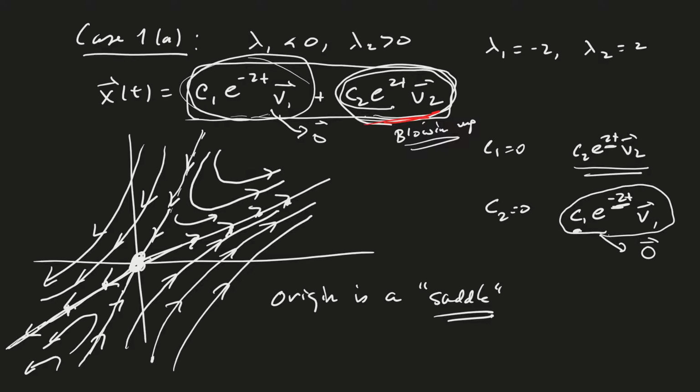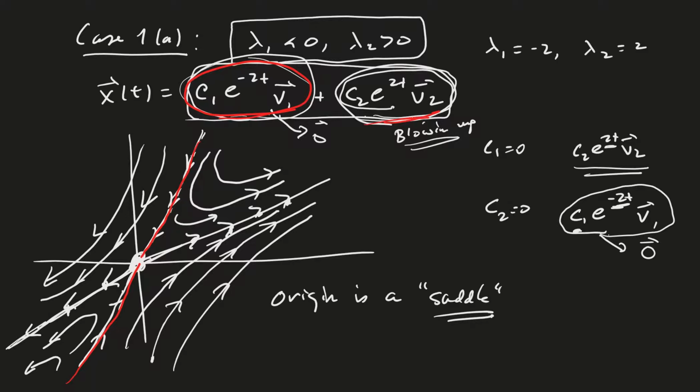And in the case of a saddle, well, number one is that you have eigenvalues that are different in sign, and all solutions go away except for one particular set of solutions, and that particular set of solutions is along the eigenvector that corresponds to this solution. Okay, all other solutions blow up to either positive or negative infinity.